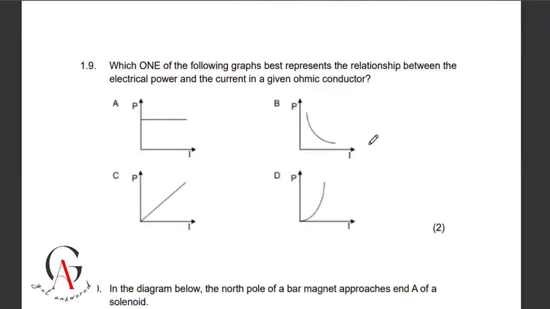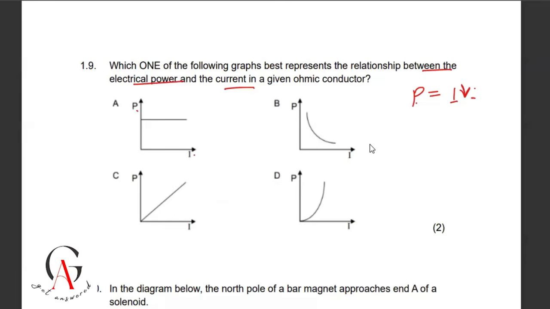Then 1.9, which one of the following graphs best represents the relationship between electrical power and the current? So we know that power can be given as IV, the product of current and the voltage. So which option can best describe this? So what we have, this is power, this is current.